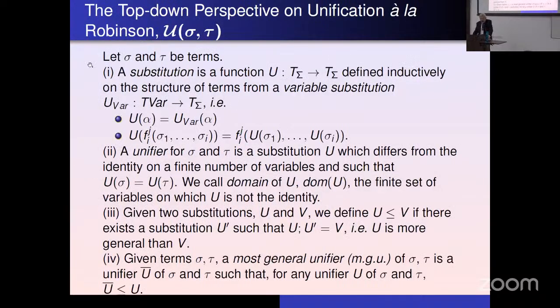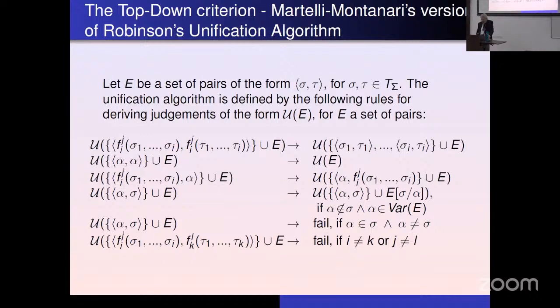Now, as I said in the title of the talk, two perspectives on unification. The traditional one is the one à la Robinson, and you go top down. Here is just an algorithm. From complex formulas, you go to simpler formulas.